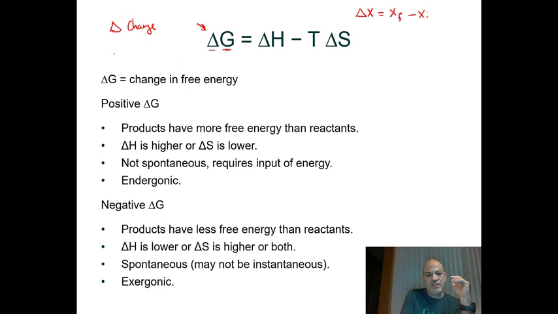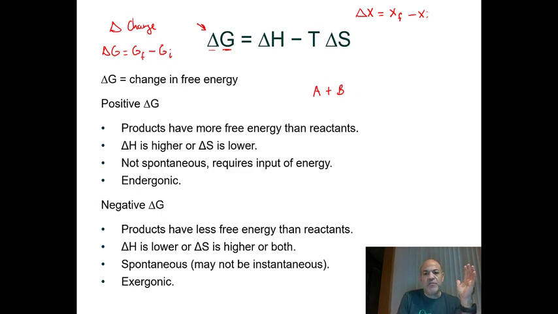So when you have delta G, that's free energy, then there must be an initial free energy and a final. And so it's always going to be the final free energy minus the initial free energy. To give you an example, let's say that we start with particle A and particle B. These could be molecules or atoms, and this is before.